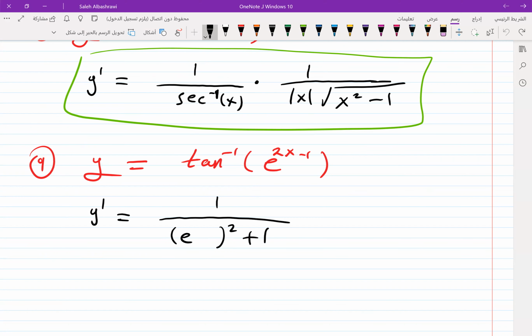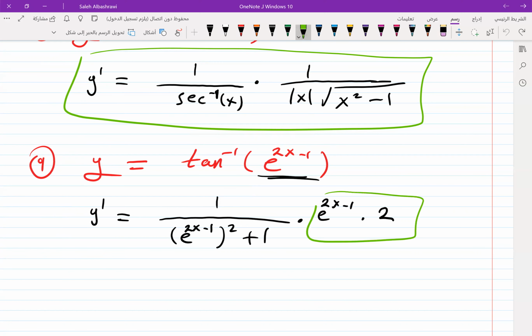The angle is e to power 2x minus 1. Then, let's find the derivative of this angle, e to power 2x minus 1. From the last section, the derivative of the exponential function will be as it is, e to power 2x minus 1 multiplied by the derivative of the power, which is 2. This is the derivative of the angle.